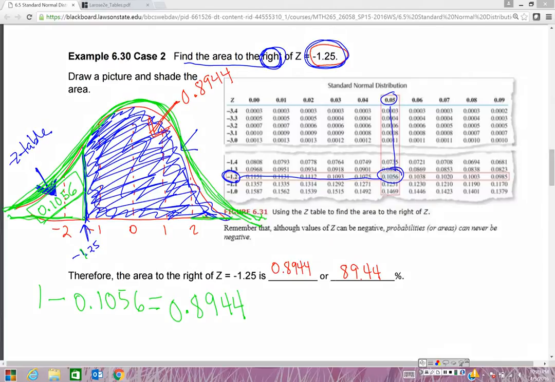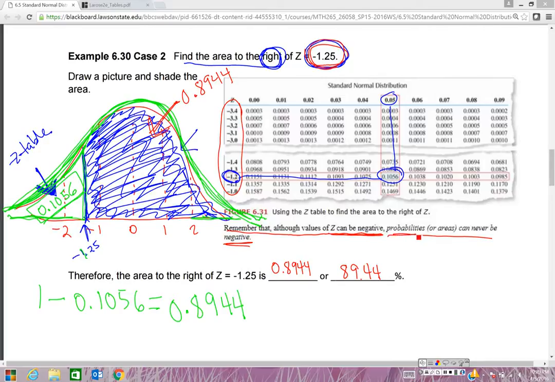Alright, here are some things to remember. Remember that although values of z can be negative, for example, that negative 1.25, probabilities or areas can never be negative.